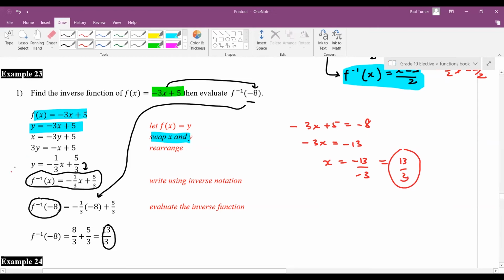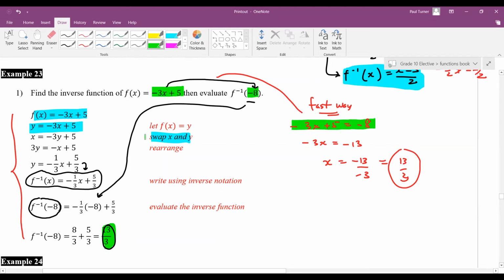For this question, I could have done it this way and got my answer down here, right? But otherwise, if I don't want to do that, I can use the previous inverse function rule and do it this way. So this is the fast way. I should highlight that too, which is here.